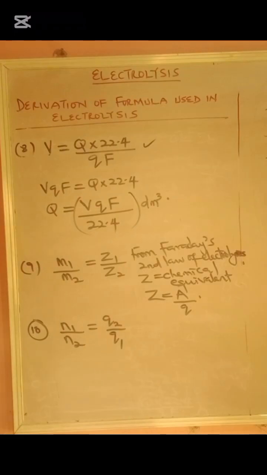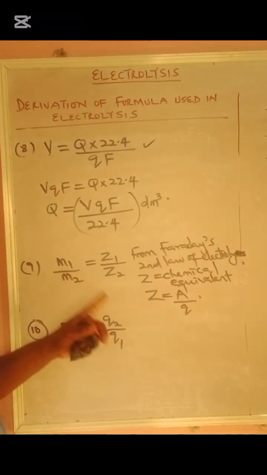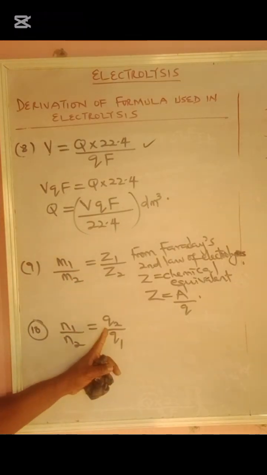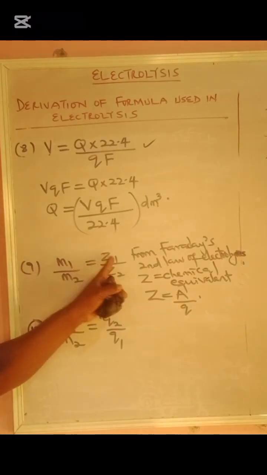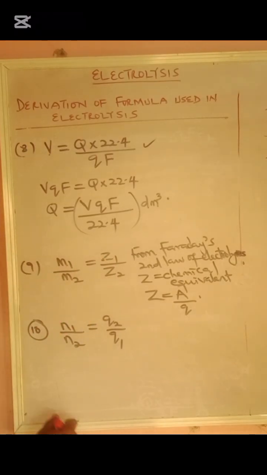In the video, you see that the number of moles of a substance deposited at the electrode is inversely proportional to the charge it carries, while the mass of a substance deposited at the electrode is directly proportional to the chemical equivalent. These are the formulas we have.